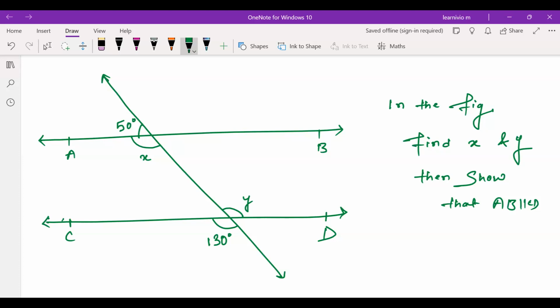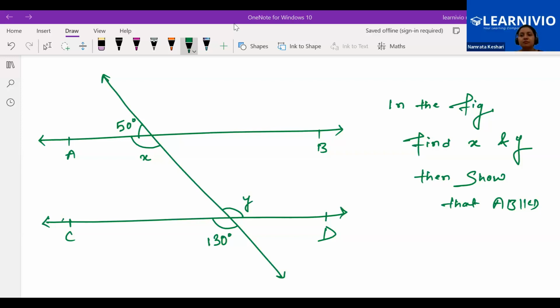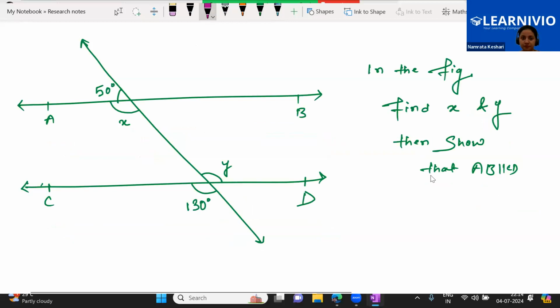Ma'am, X and Y are corresponding, so line AB and line CD are parallel. Let's check it. Everyone done? How will we get the value of X? Ma'am, linear. Yes, so what is X value? Ma'am, 130 degrees. 130.